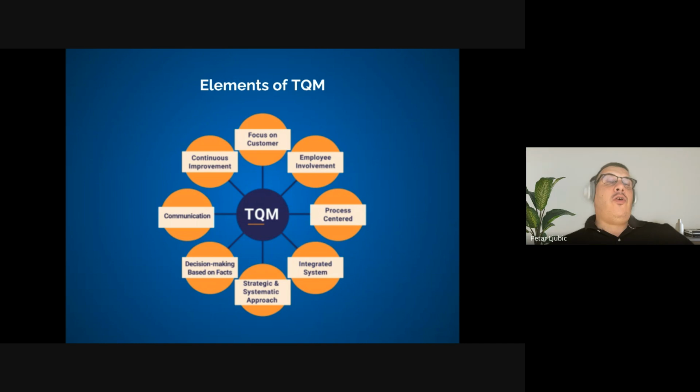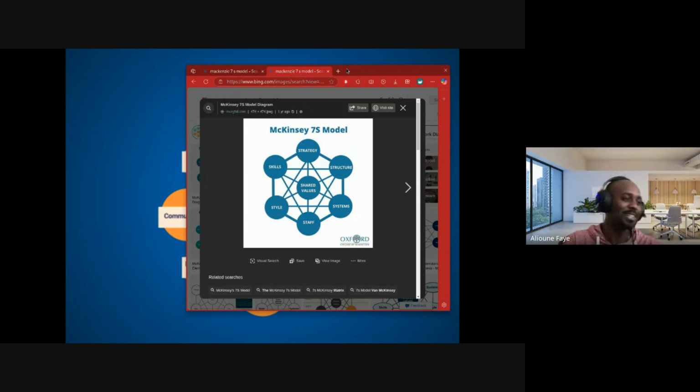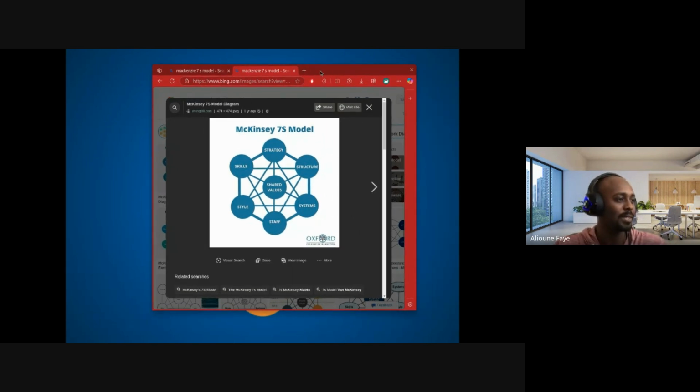I'll show the diagram. Okay, you can do that. I'm not super familiar with this. I've just heard about it. I wish I did a lot of reading for it beforehand, but it's just another strategic planning framework that looks at these 7 aspects of your organization to help you make a well thought out strategic plan.